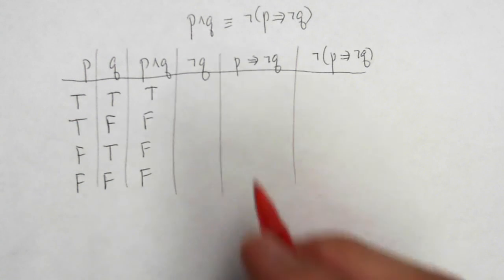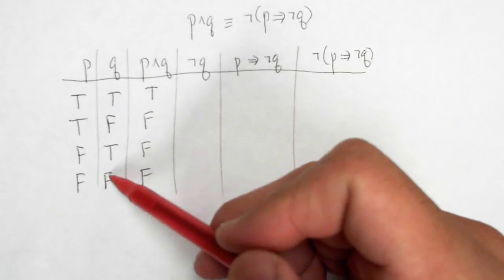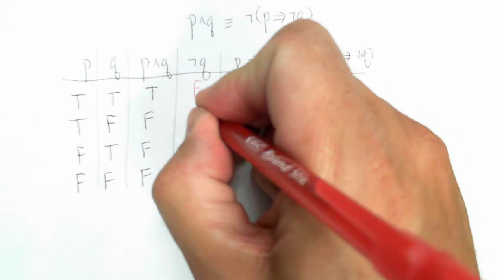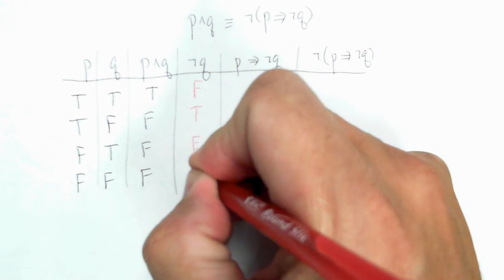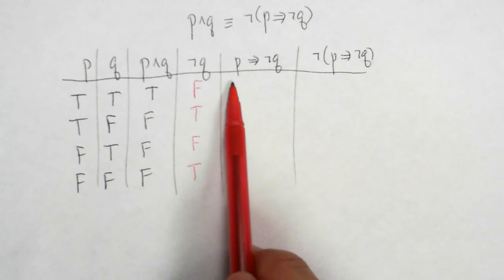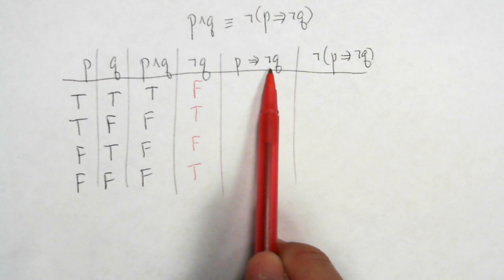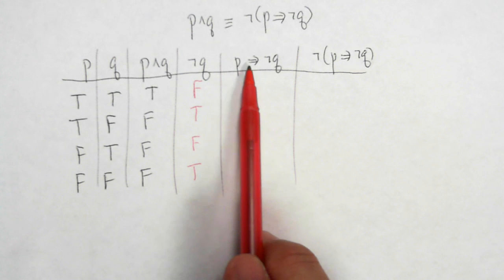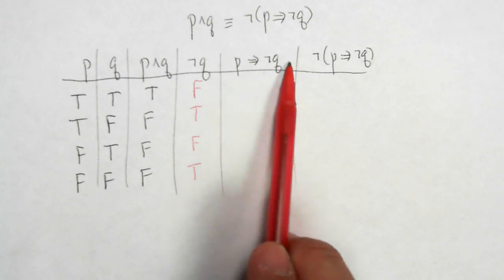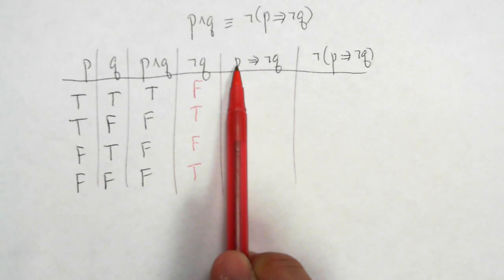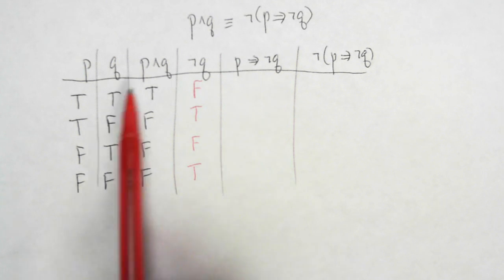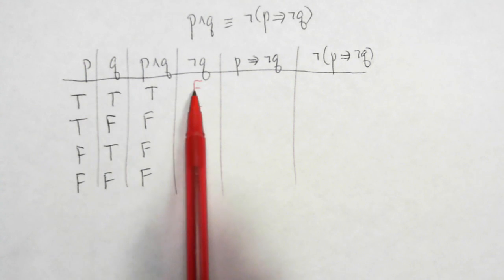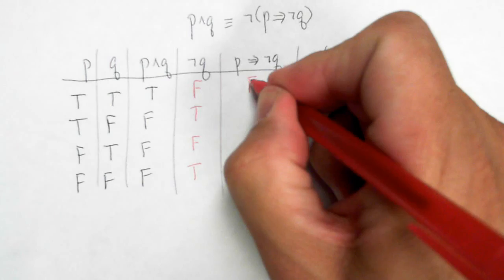On the right-hand side, not Q will be the negation of this column. So false, true, false, true. P implies not Q. The only way this is false is if the hypothesis is true and the conclusion is false. That appears here. True implies false. That cannot happen.